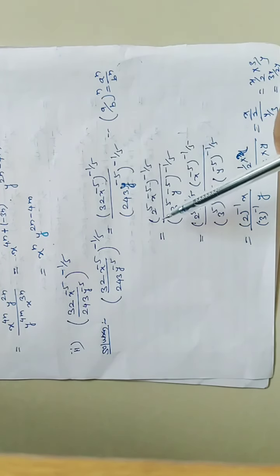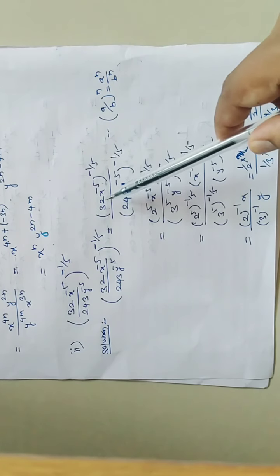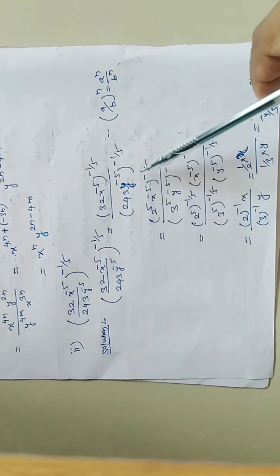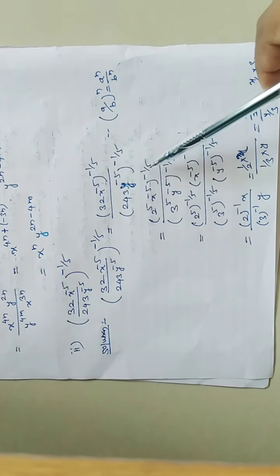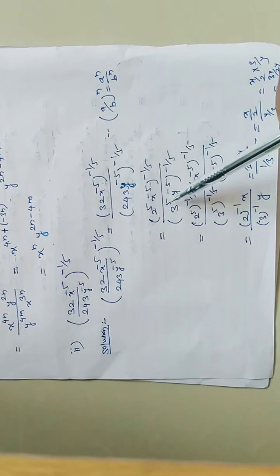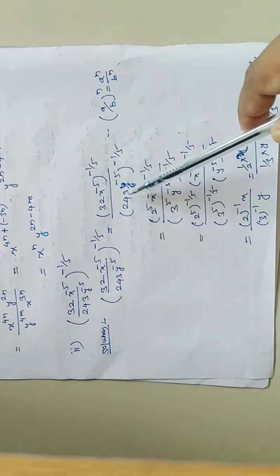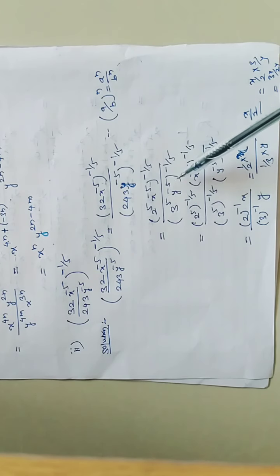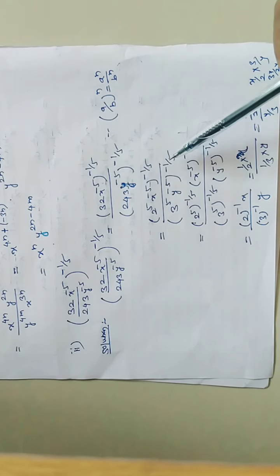Now see, 2 raised to 5 means 32, x raised to minus 5, and bracket raised to the power minus 1 upon 5. Here 243, 3 raised to the power 5 means 243, y raised to minus 5, bracket close, raised to the power minus 1 upon 5.